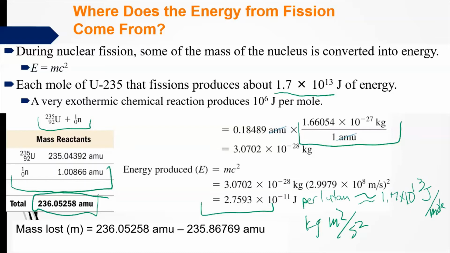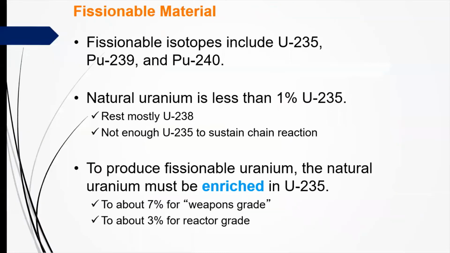So our fission reactions happen with our larger nuclei, and we're getting that energy as we split those nuclei into smaller ones. Fissionable isotopes include uranium-235, plutonium-239, and plutonium-240. Now, very little uranium is actually available to go through this fission process. Most of it is 238, which doesn't go through it.